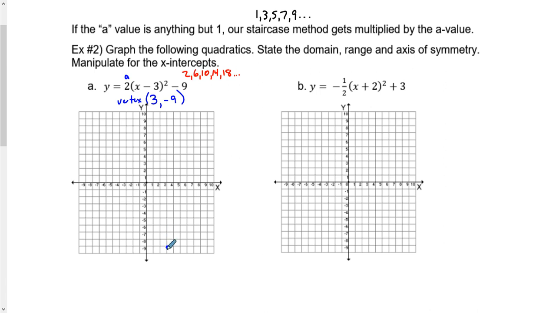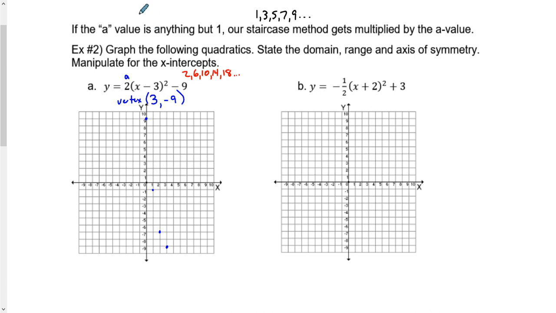Always we are going to be going over 1. The only difference is what we're going to be going up or down by. For this one, it's going to be going up by 2. So over 1, up 2, then over 1, up 6, over 1, up 10.